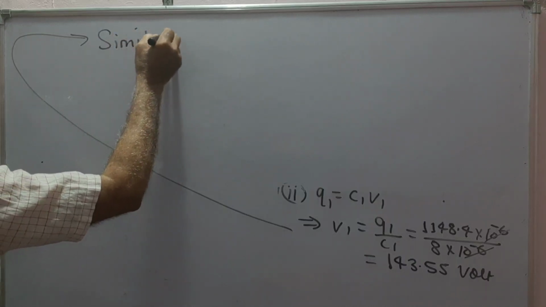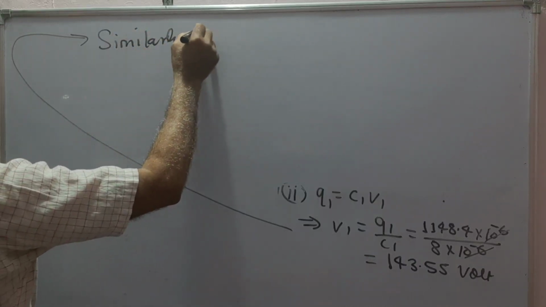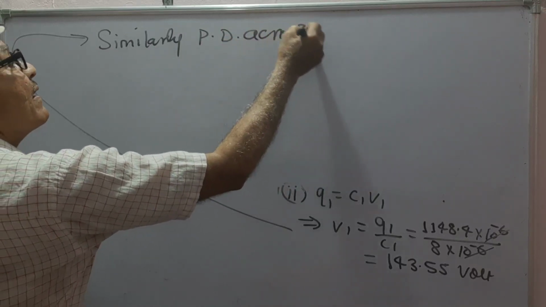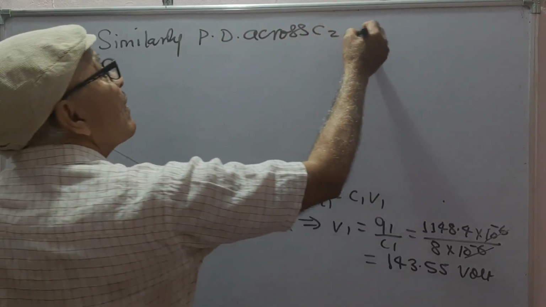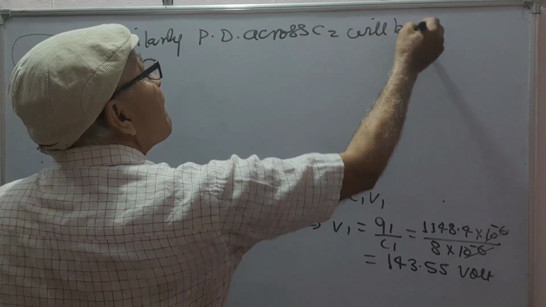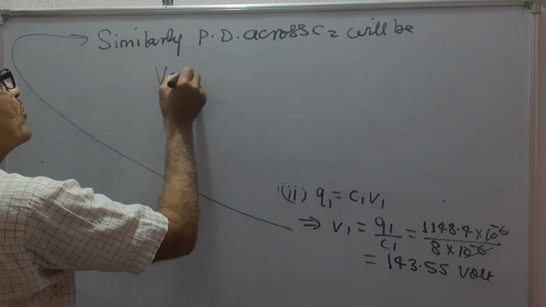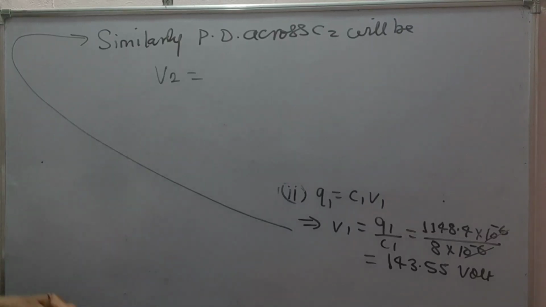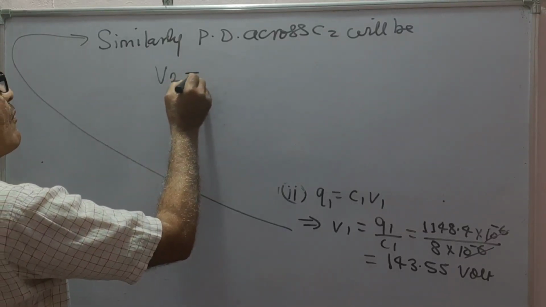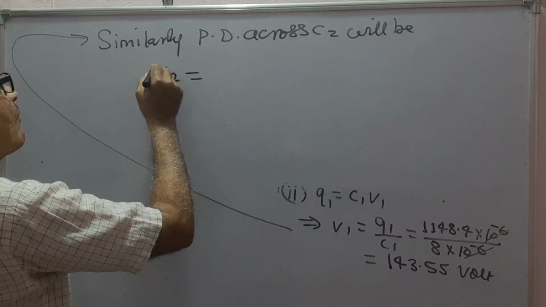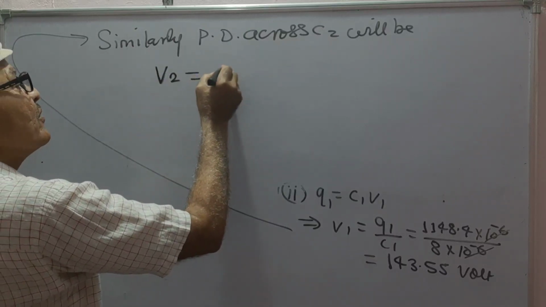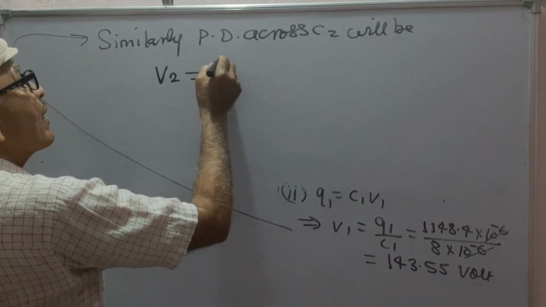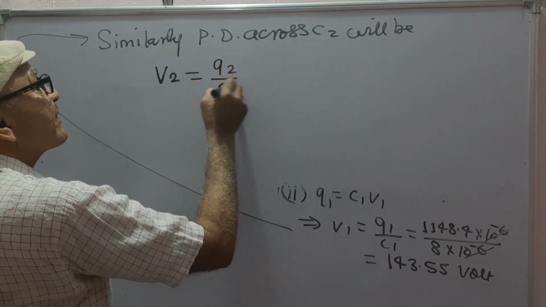Similarly, PD across C2 will be V2 is equal to Q2 upon C2.